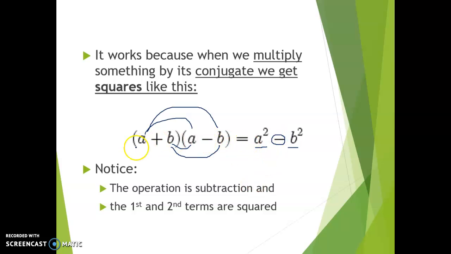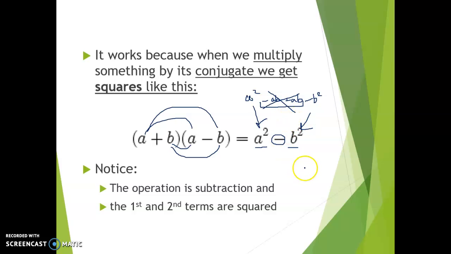And all it's done is taken the first term and squared it, and the second term and squared it. Now you could FOIL it out. If you FOILed it out, you would get a squared minus ab plus ab minus b squared. And what you see here is that your minus ab and your plus ab, they cancel each other out. So you're left with just a squared minus b squared.